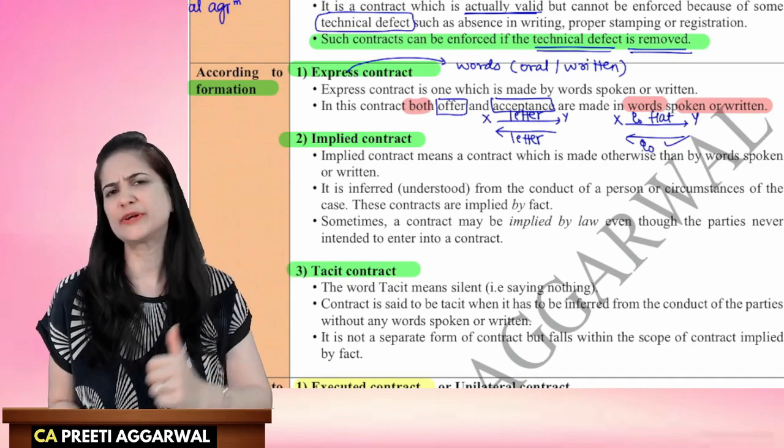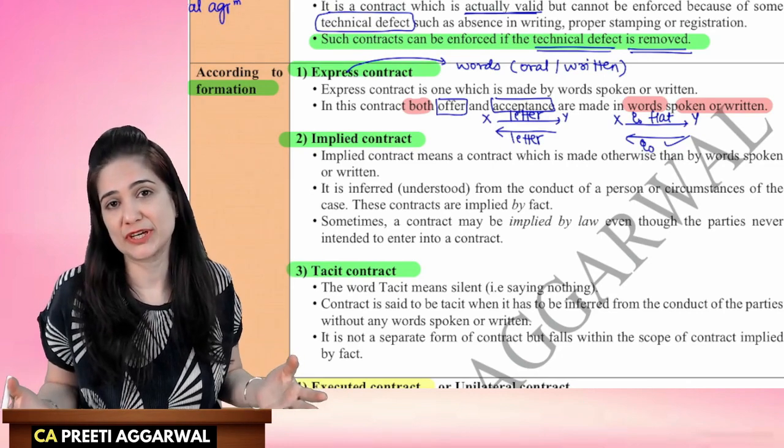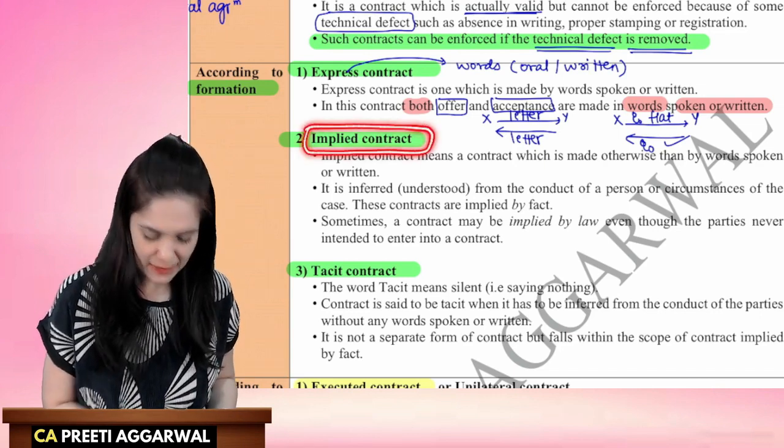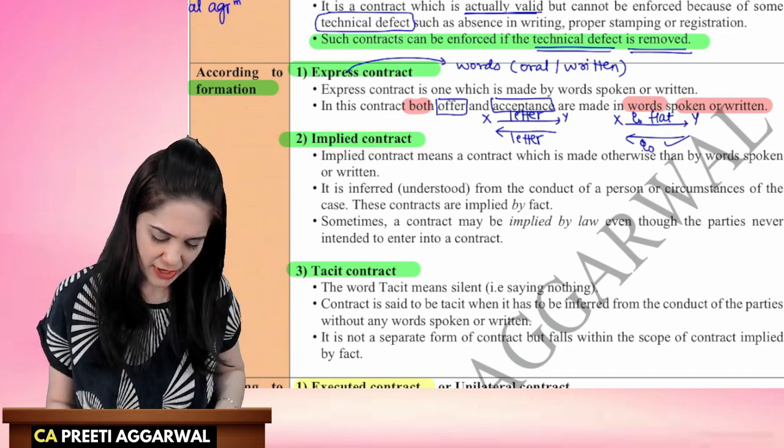But if words are not used and it is understood from our action, facts, and circumstances of the case, then it is an implied contract. I want you to write a small chart for this. Give the heading as implied contract.